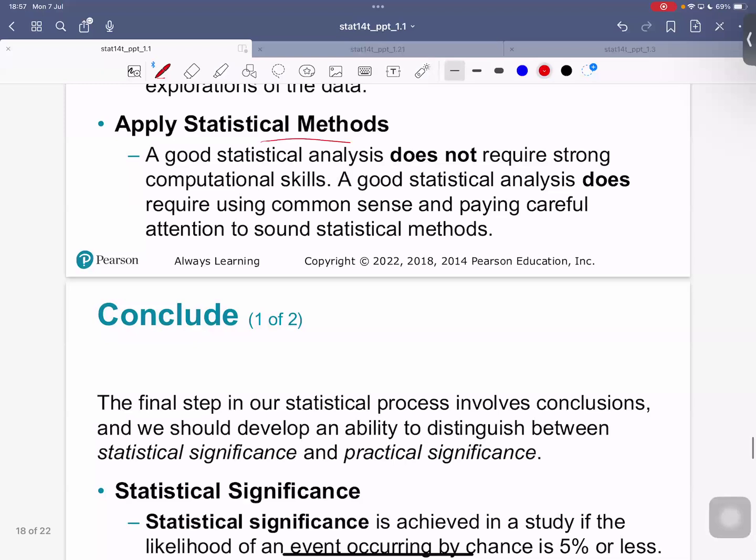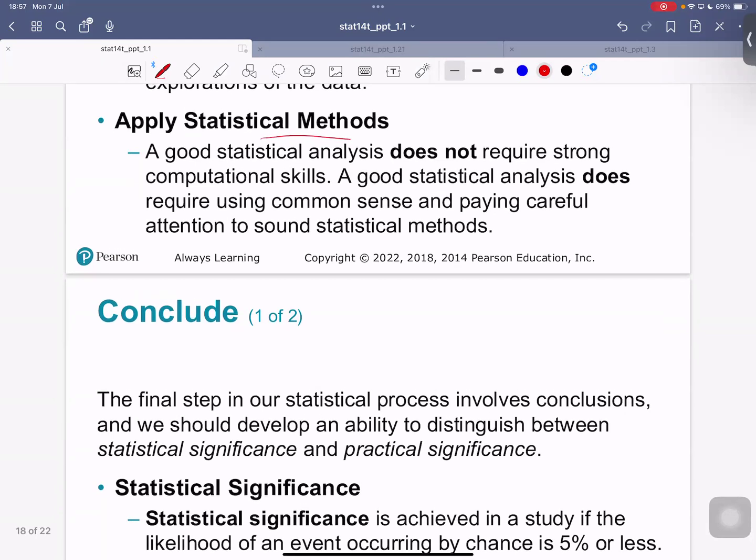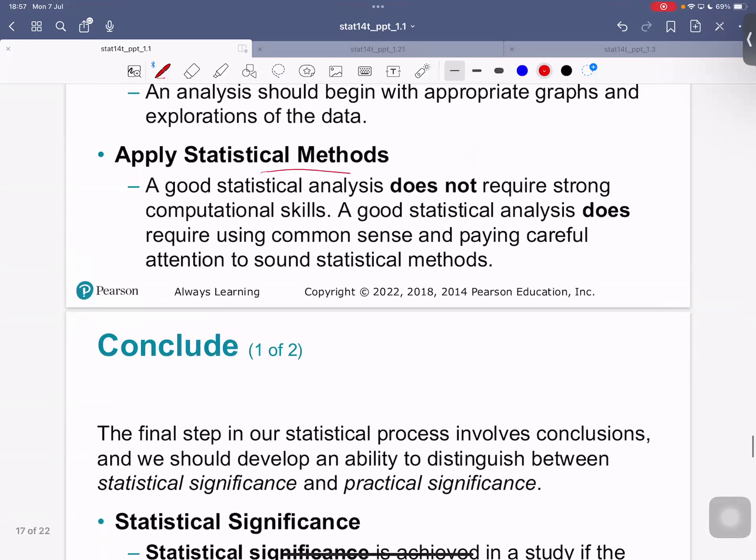Right? We don't need a very big knife to kill a small thing. What is the animal? A fly, right? To kill a small fly, but we need to use common sense and pay careful attention to the statistical method. Have you heard about any statistical methods before?